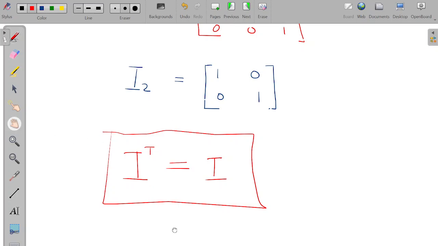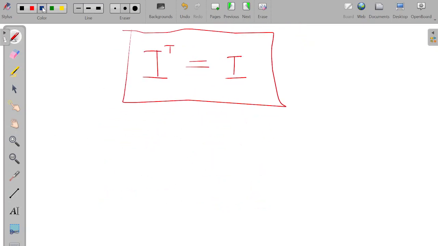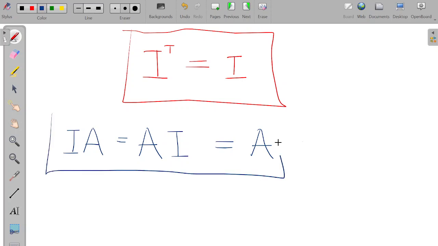All right. Now, if you multiply any matrix by the identity matrix, you are still going to get that matrix. So either you multiply it by the identity matrix or you multiply the identity by that matrix. You see, this has a very nice property.